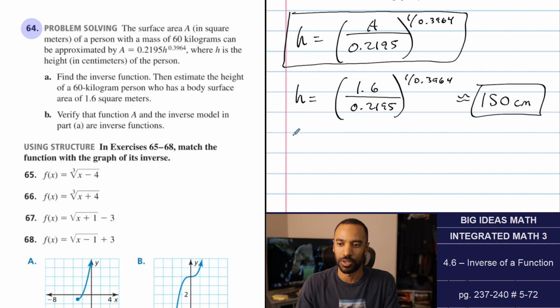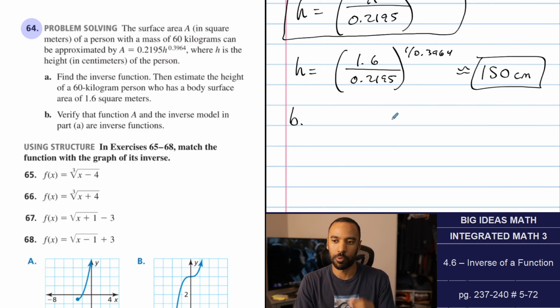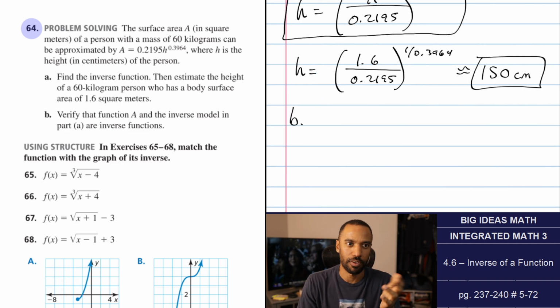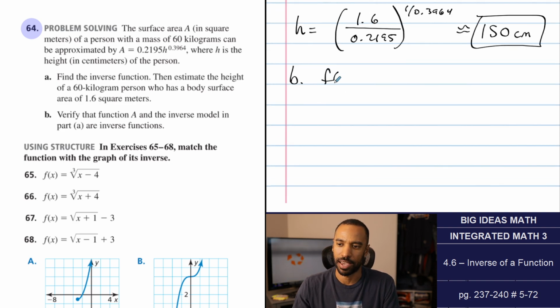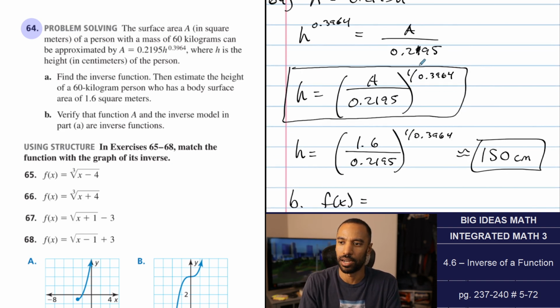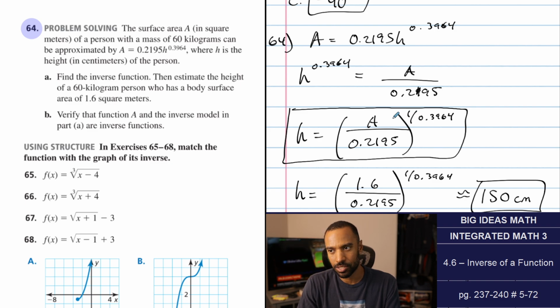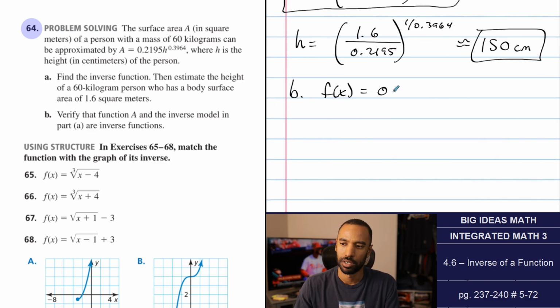Okay, my favorite thing to do here. So on this portion here, now I don't know if they want to do the verifications the way I did before. Call them like f of x and things like that. Like work at it that way. I can, I shall. So for the inverse portion here, call this one f of x equals and g of x equals. So I'll do f of x equals 0.2195x to the 0.3964.